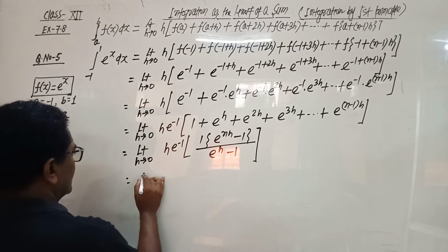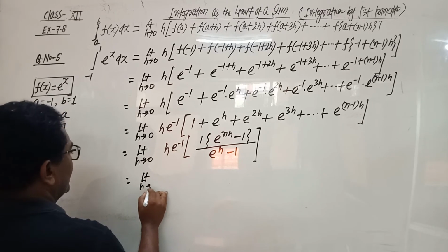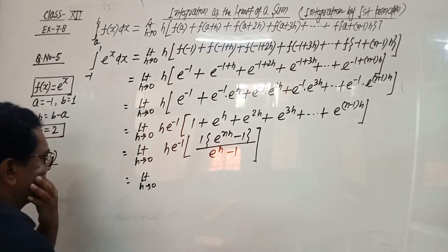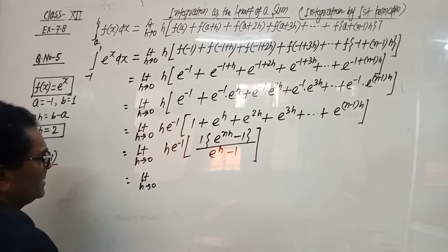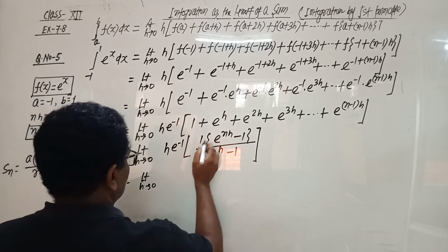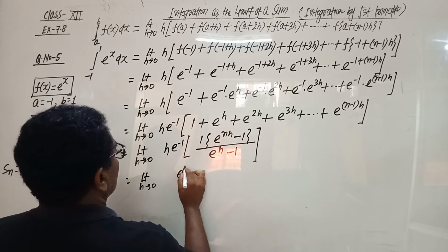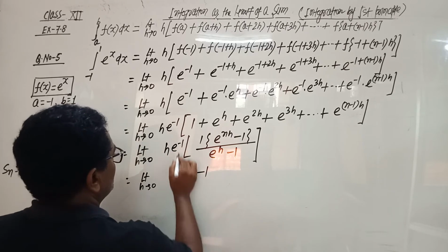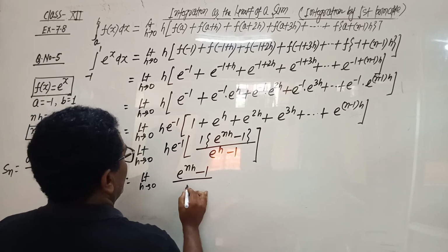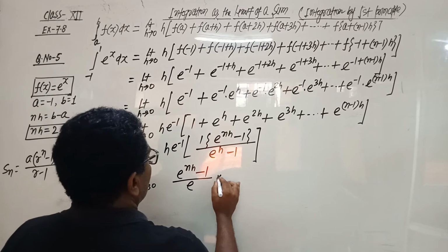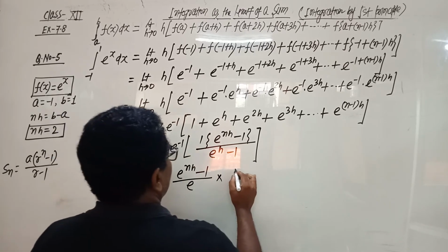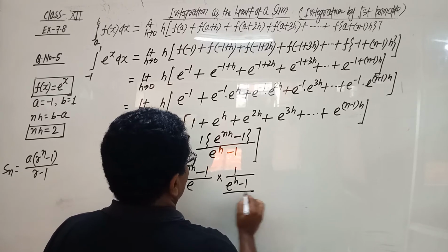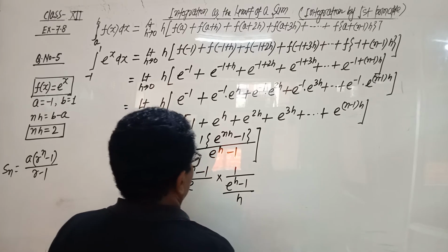Then this expression can be written as e raised to the power nh minus 1, and e raised to the power minus 1 is written as 1 upon e, into 1 upon e raised to the power h minus 1 upon h.